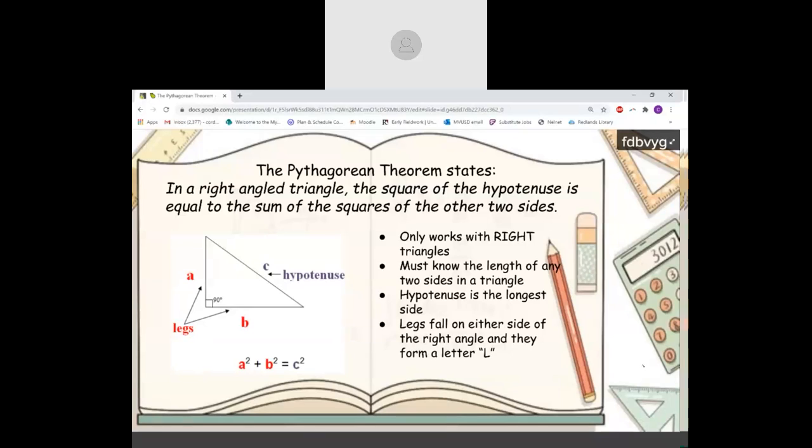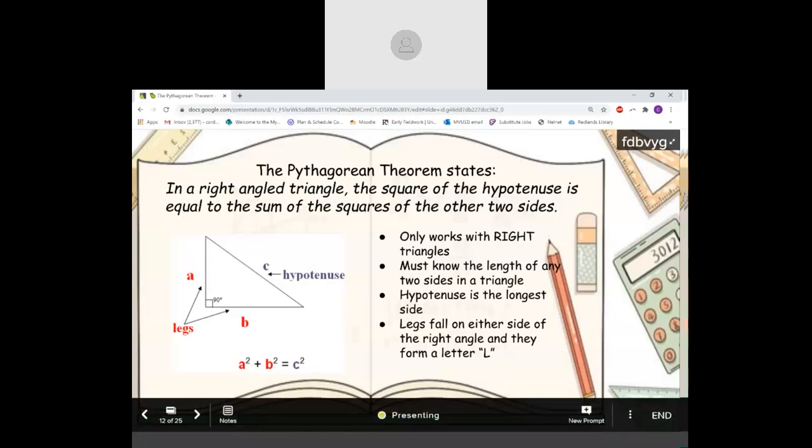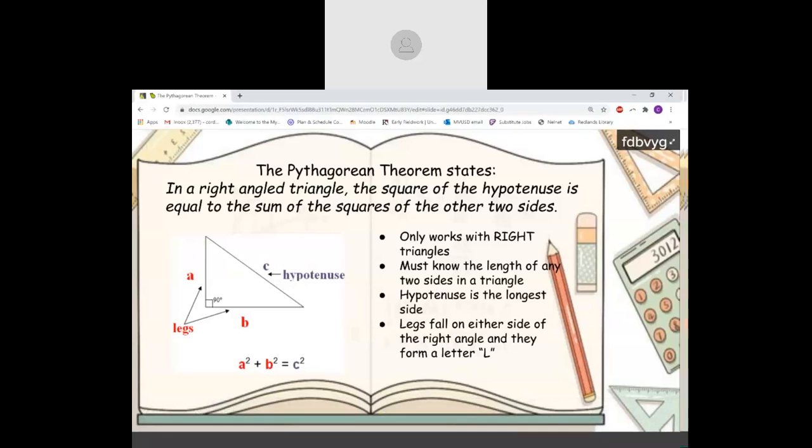Or if you know one leg and the length of the hypotenuse, then you can plug those numbers in and find the length of the other side. So it can be any two sides, but you just have to know two of them. And again, the legs are what fall on either side of the right angle, and the hypotenuse is opposite of the right angle.